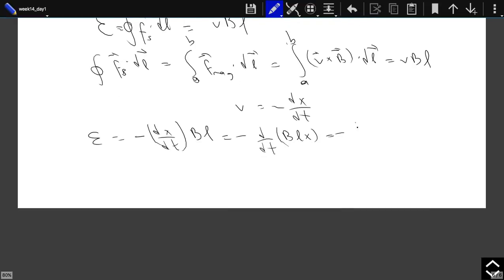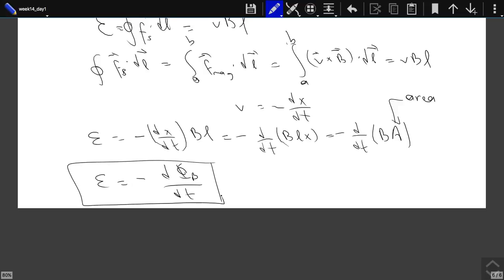So this is equal to minus d by dt of B times A. This is the area, not the vector potential. But B times A is nothing but the flux. The magnetic flux, divided by dt, where this Phi_B is equal to the integral of B dot dA.